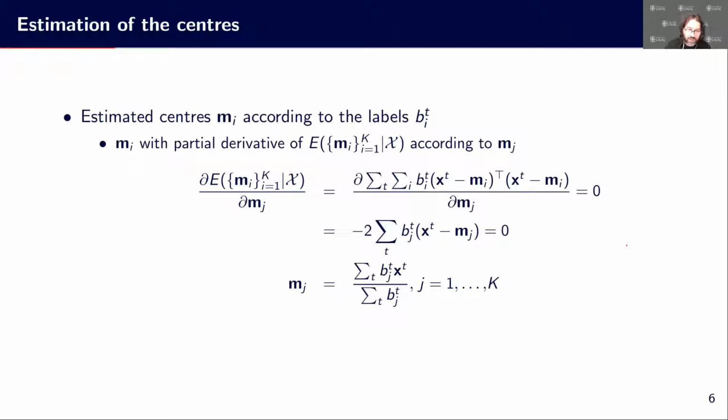So no big deal here. With the partial derivative set to 0, we are finding the analytical equation to compute the new MJ. But this is based on the current assignment, the current partitioning reflected by the BJT.